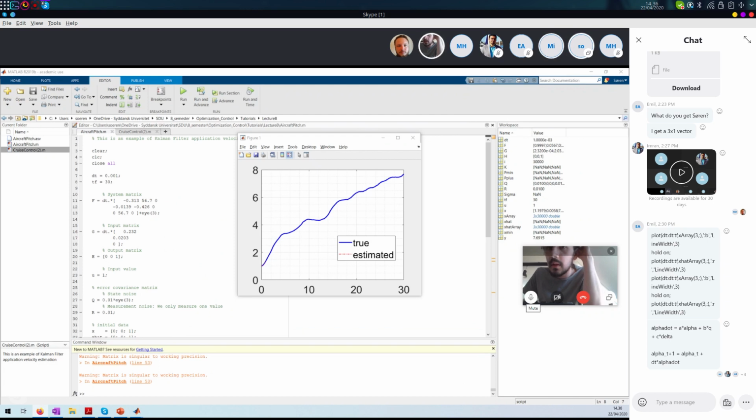Just give me a second. Oh, but our input is elevator deflection, but I don't know what that means. Maybe the plane is just looping around. Okay, so the elevator deflection is a flap that is tilted up, so it would change its direction.